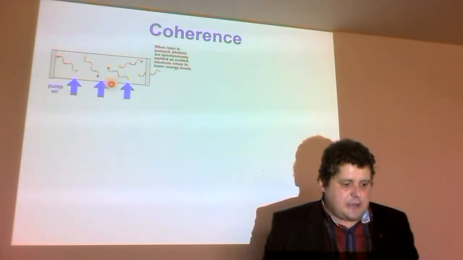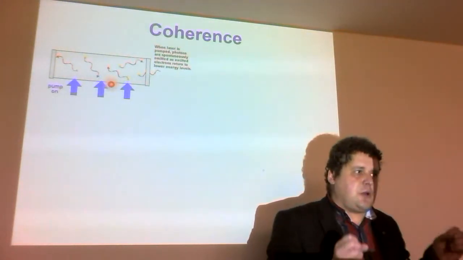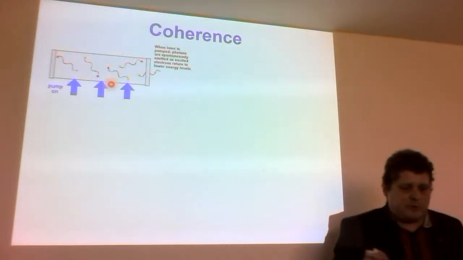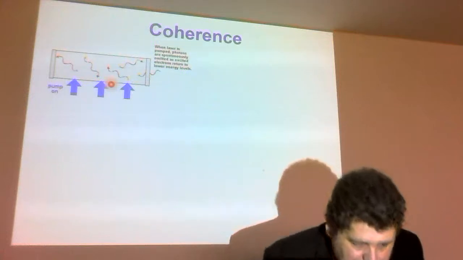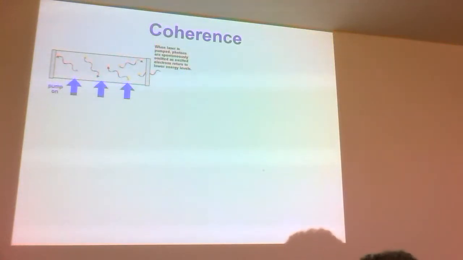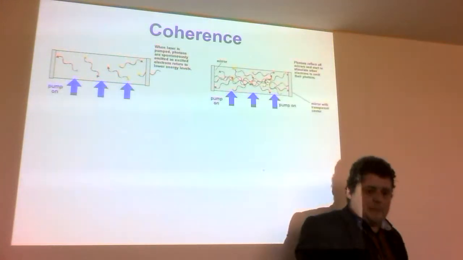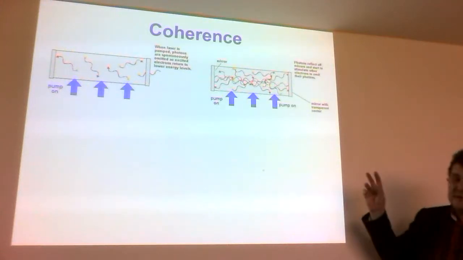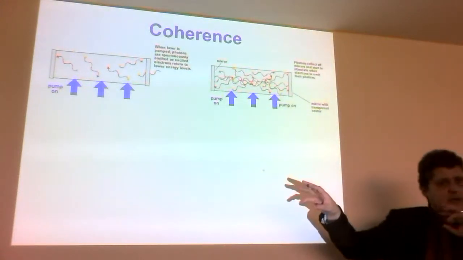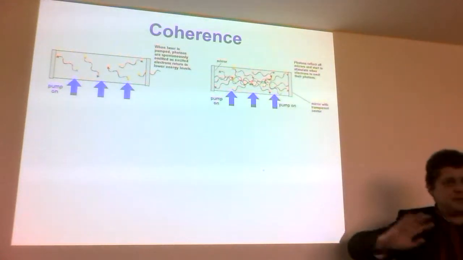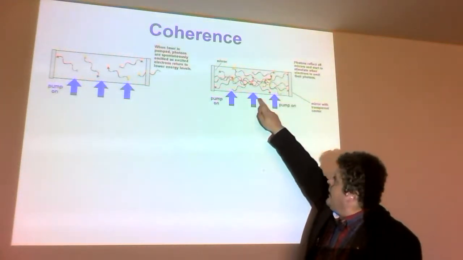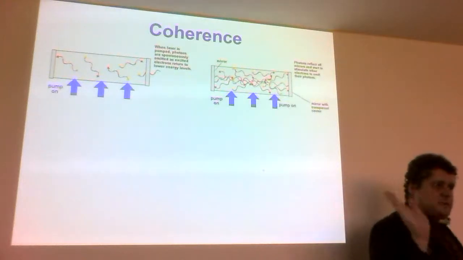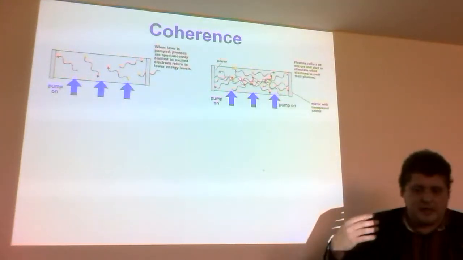When we pump this medium, it generates photons, and the photons started to go in different directions, and we're still pumping. We're pumping and pumping, and the photons that are produced stimulate others. They have plenty of directions, but because we have the mirrors here, some photons will come to the mirrors and reflect.